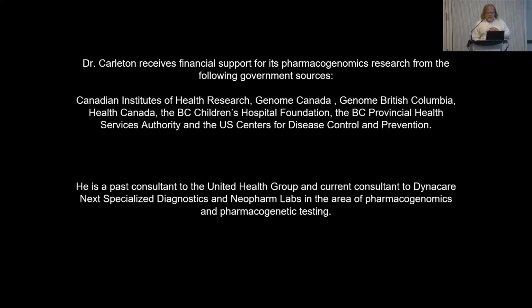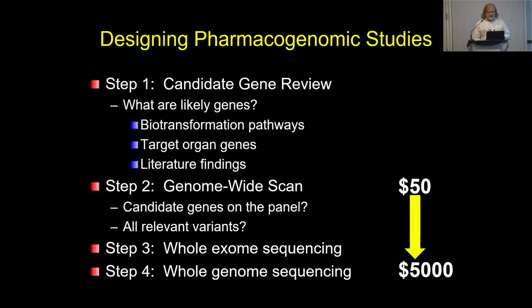So what I want to do is take you through the design of a pharmacogenomic study and basically 20 years of thinking about a given adverse event and what I've learned from this and why pharmacoepidemiology is really important in this area and why we need you to help with this. And so when you're designing pharmacogenomic studies, the things that I tend to think about is what are the candidate genes that we might find are relevant.